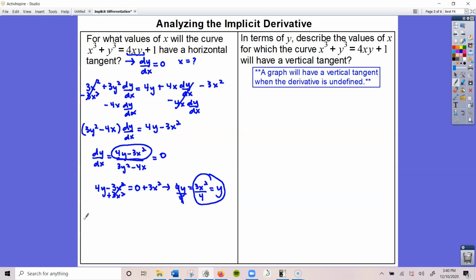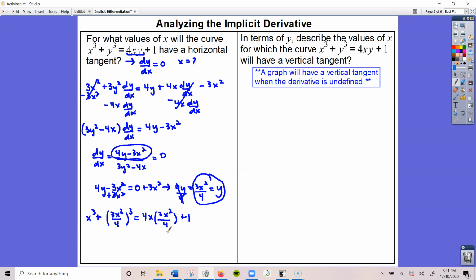So we take the equation x cubed plus y cubed, and instead of y cubed, I'm going to put (3x squared over 4) cubed is equal to 4x times y, which is 3x squared over 4, plus 1.